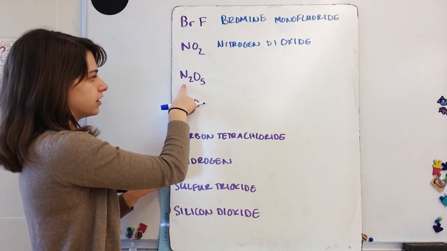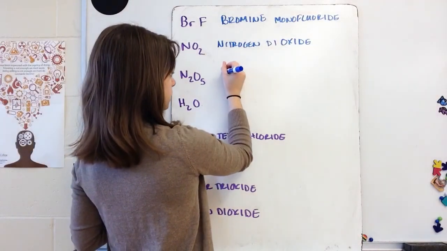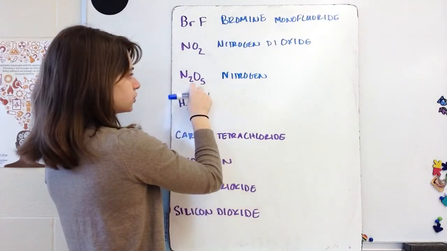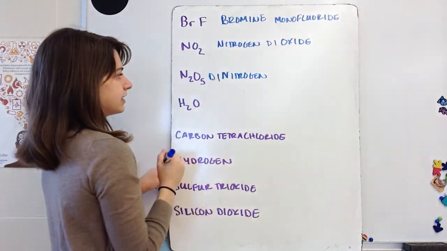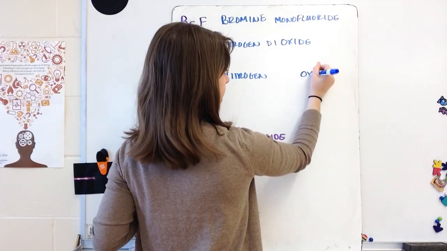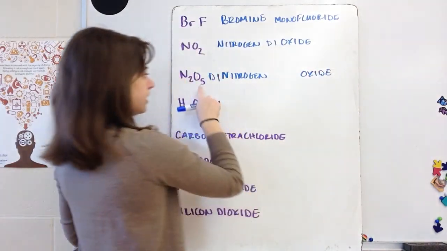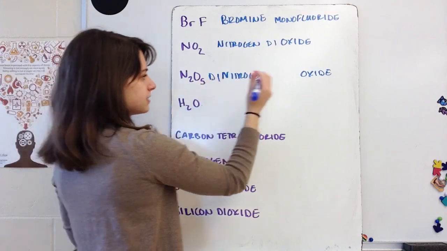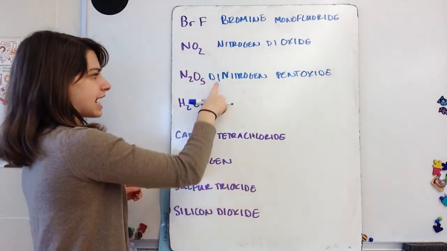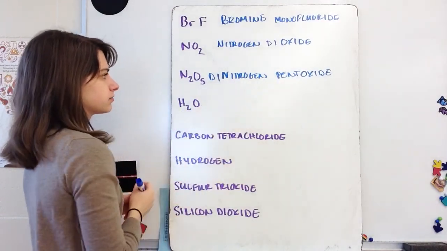Okay, example 3. Nitrogen's our first element. There are 2 of them, so I'm going to go ahead and put dinitrogen. Oxygen's our second element, so it's going to turn into oxide. And there are 5 of them. The prefix for 5 is pent. So it's going to be dinitrogen pentoxide.